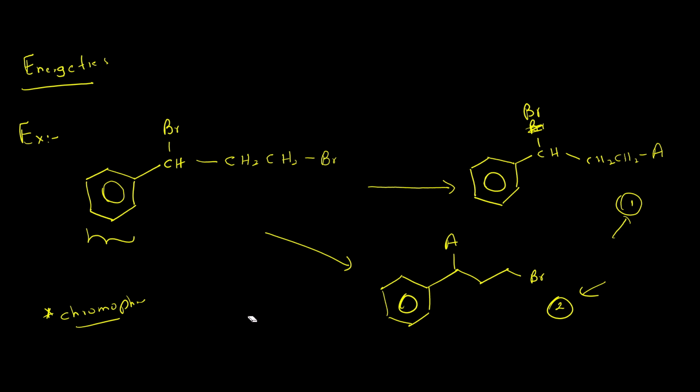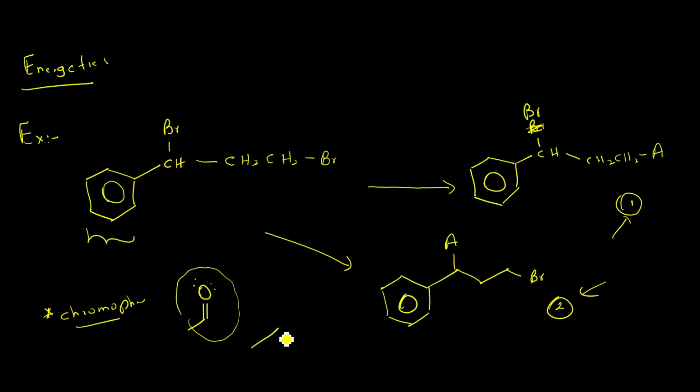If your molecule has a benzene ring, that is a possible chromophore. That's a good chromophore. A benzene ring has very good light absorption abilities. If your molecule has lone pairs, like carbonyl groups, this oxygen has lone pairs and also has pi bonds, this is a very good chromophore.